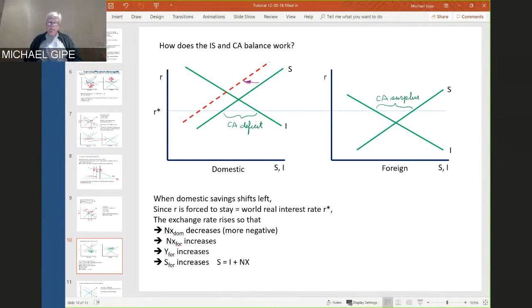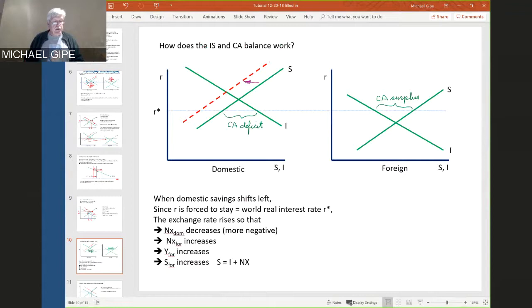Now we're shifting the S curve left, and that would increase this deficit. Normally, you would expect the interest rate to increase, but since the world actually has more control of that real world interest rate, we're going to force the interest rate in these two economies to stay equal to the real world interest rate, R star.